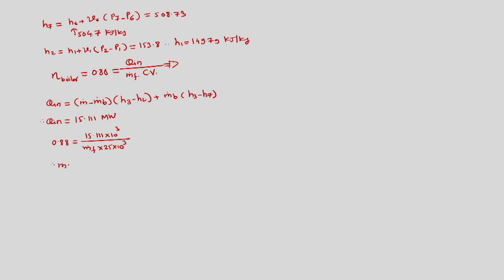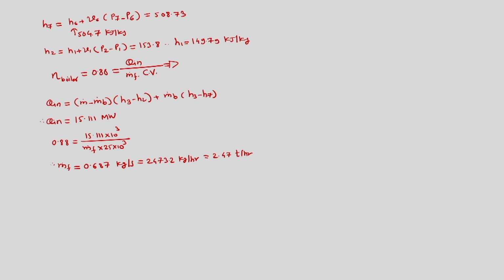So we get m dot f, the mass of the fuel, as 0.687 kg per second, which is equal to 2473.2 kg per hour, and which is also equal to 2.47 tons per hour.